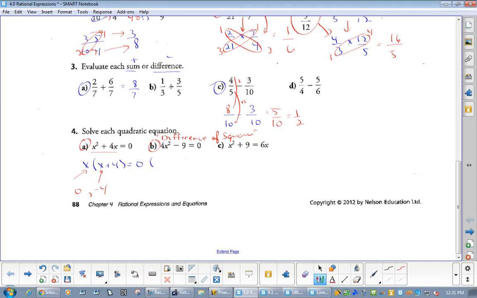So all you ever have to do is go like this. You take the square root of 4x squared, which is 2x. You put it there and there. Now, because it's difference of squares, this will always be a minus and this will be a plus. And I'm going to show you why in a second. Again, in case you forgot all this. And then square root of 9 is 3. Okay, so what number goes in there that would make that equal 0?